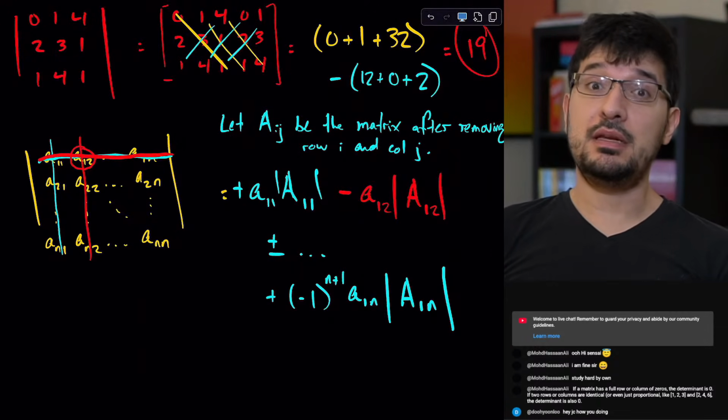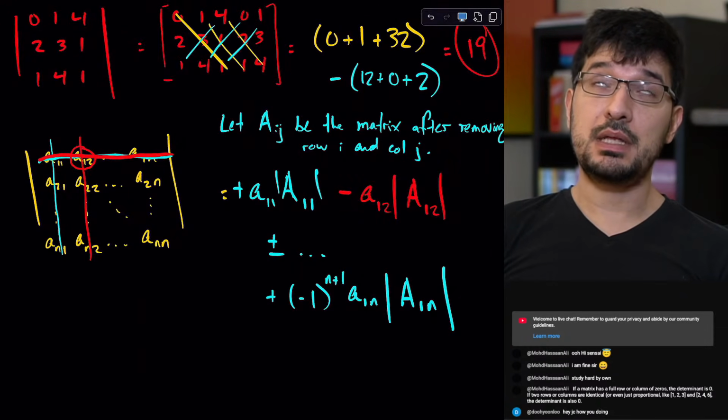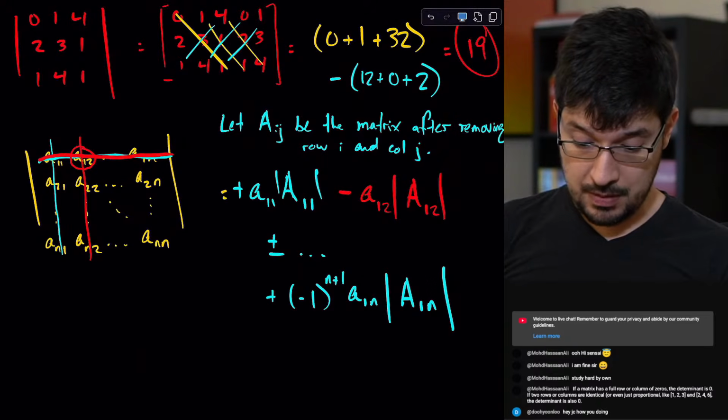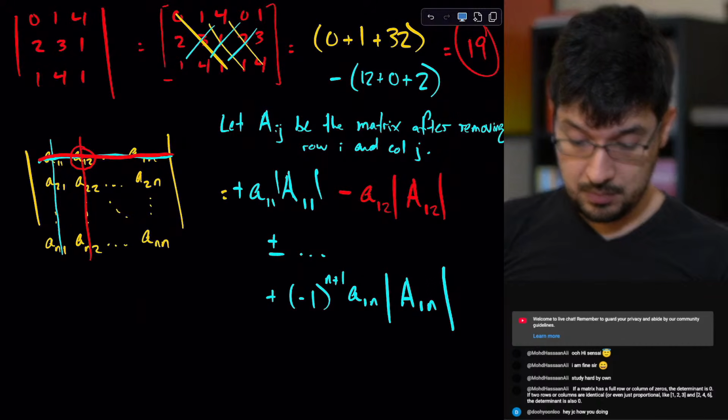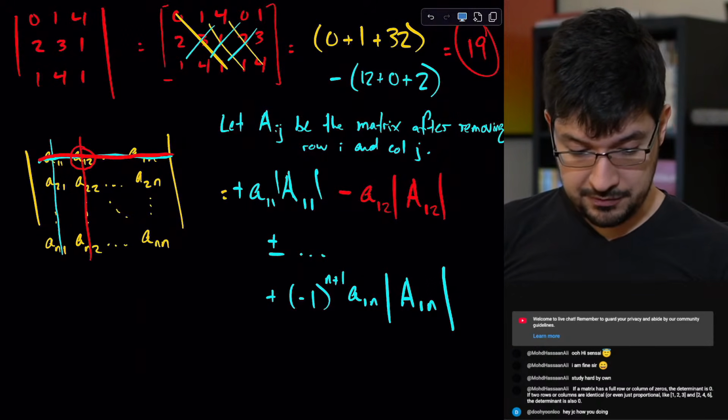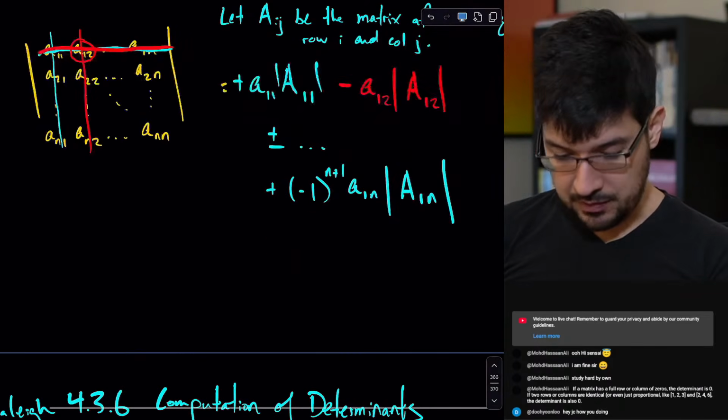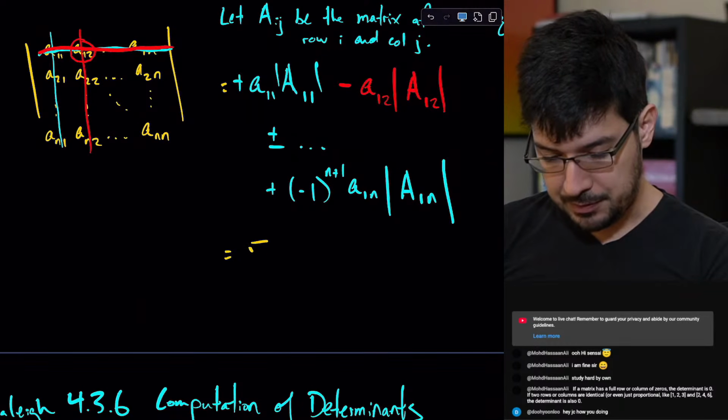That's a complicated formula, and it's very complex to use. But it is the formal definition from which we can prove a lot of properties.